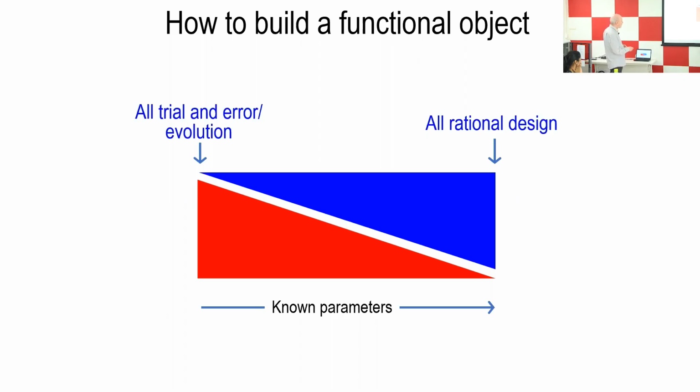If you know very few parameters, the only choice you have to optimize a functional object is through evolution. If you know all the parameters, then you can go entirely rational.